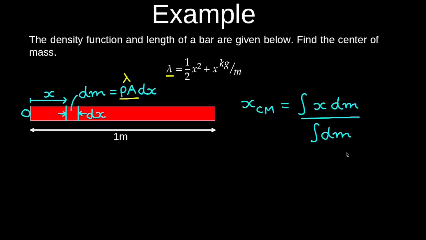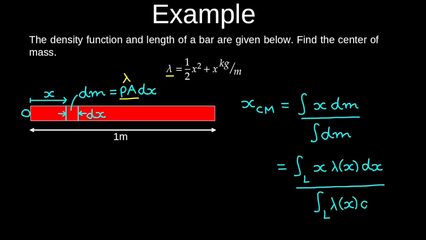So we can rewrite this expression as the integral over the length, and we have x dm over the integral of the linear density function with respect to x.